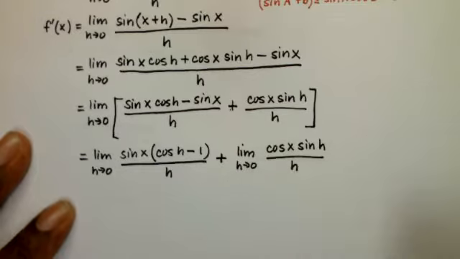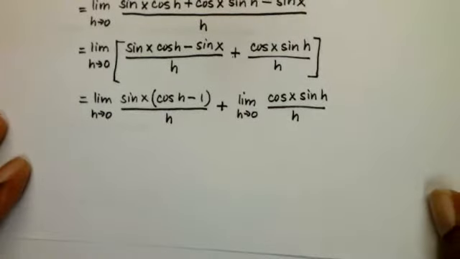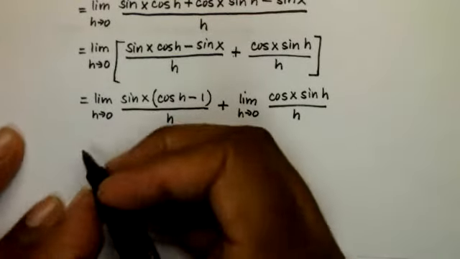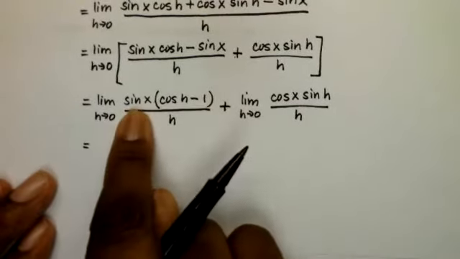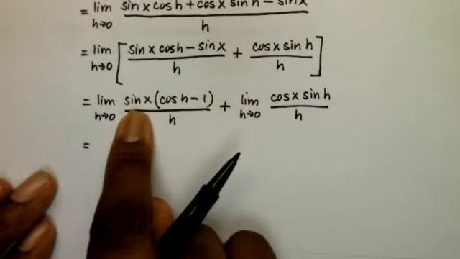Now, the sine of x does not have an h in it, so that's treated as a constant. So I'm going to pull the sine of x out in front, and then that will be multiplied by the limit as h approaches 0 of the cosine of h minus 1 divided by h.